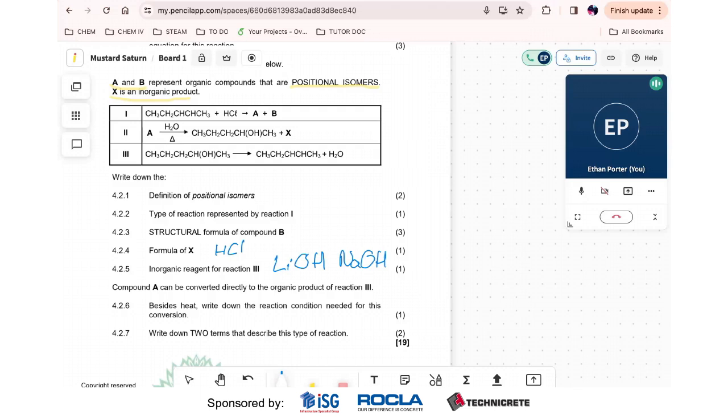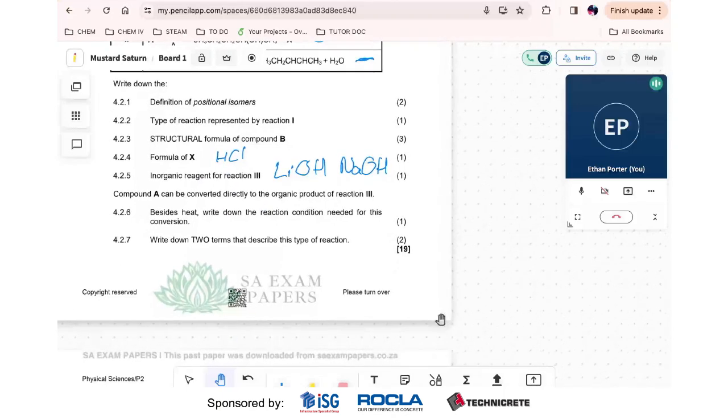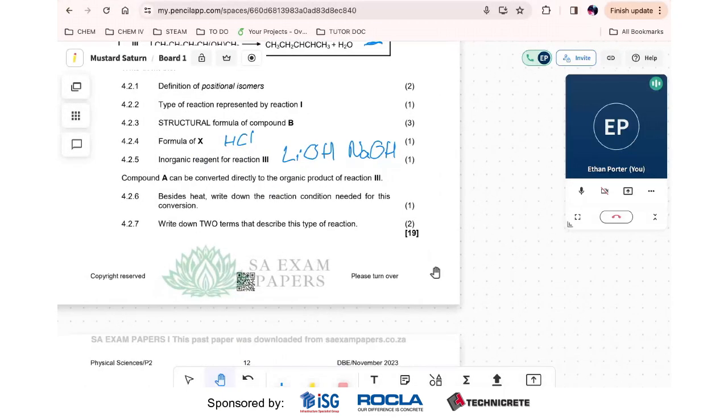This is a condensation reaction. So I think I said two was a condensation reaction. That's wrong. Two is a substitution reaction. This was substitution, this is condensation, and this is addition. So you just have to memorize these reactions and what reagents work with them. Unfortunately, there's no tricks. You just have to know the answers. All right, moving on to 4.26.